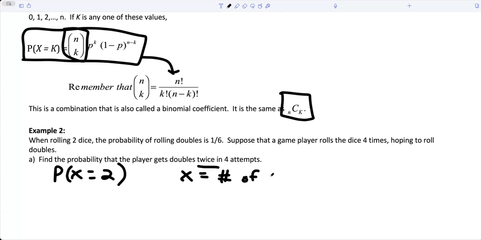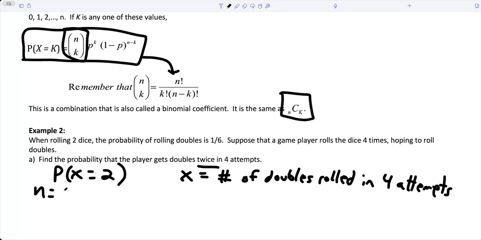So the number of doubles rolled in 4 attempts. All right. So n is equal to 4. Probability of success, P, is 1 out of 6. This is a binomial distribution, right? All of this stuff down.